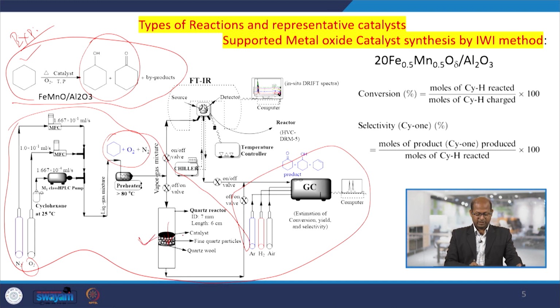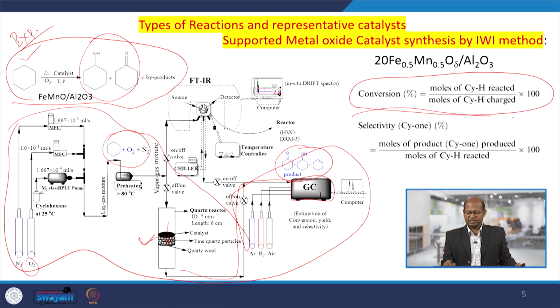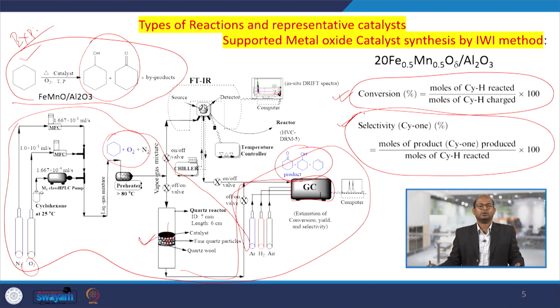This is the catalyst bed, and the product will be analyzed with the help of GC. Then we can find out what components or product formations there are, and there are various equations or formulas for how to calculate the conversion of the reactant and the selectivity for the desired component. That way you can find it.